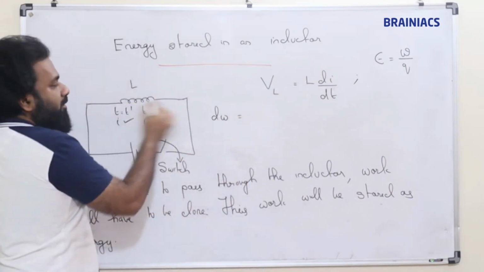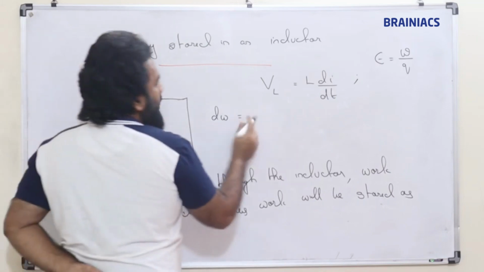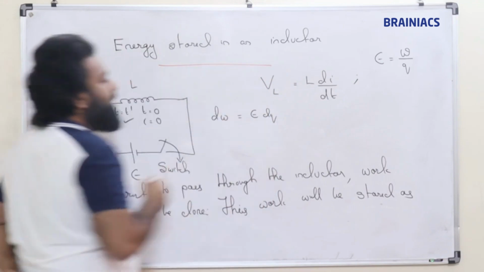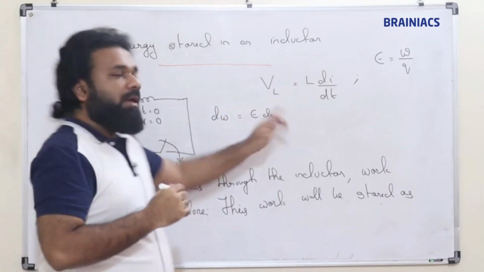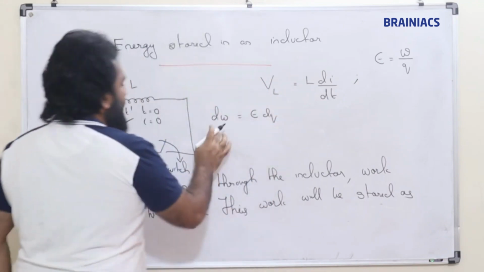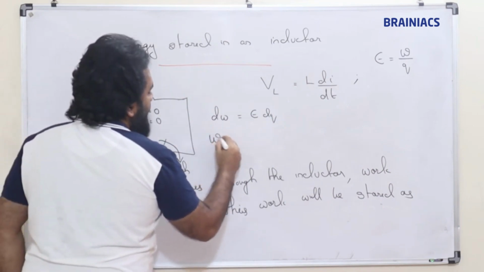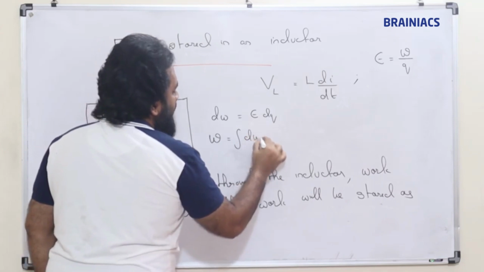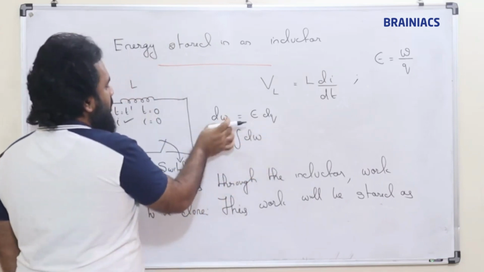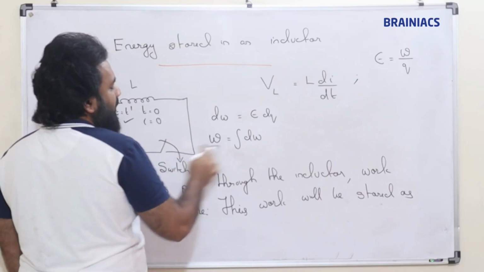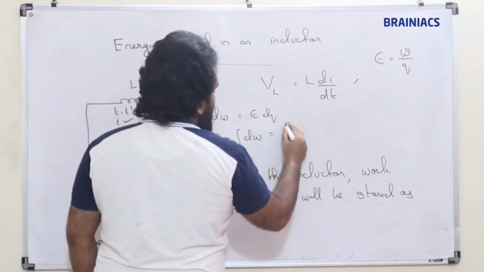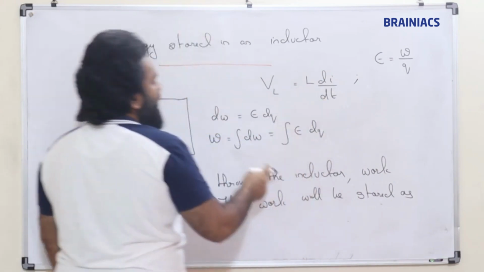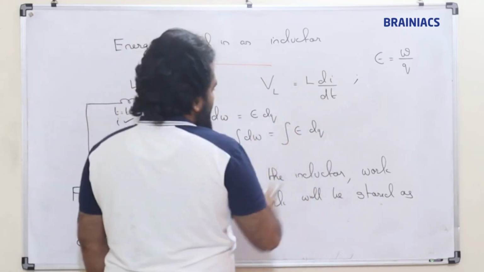So to do a small work, this is nothing but EMF into dq. To do the total work, we will have to sum all the small works, so this is the integral of E dq.